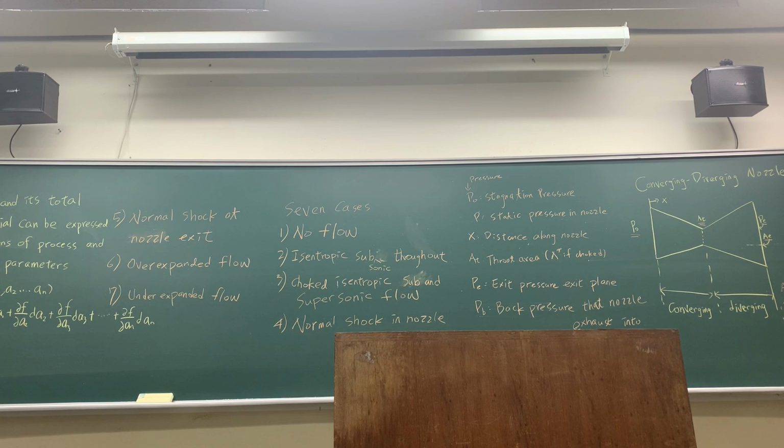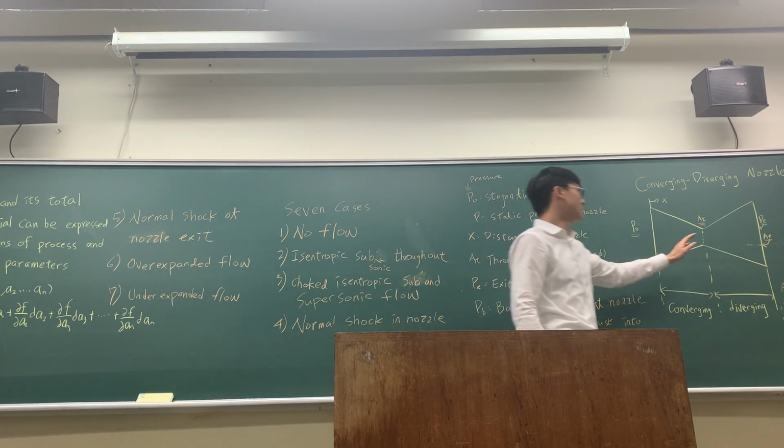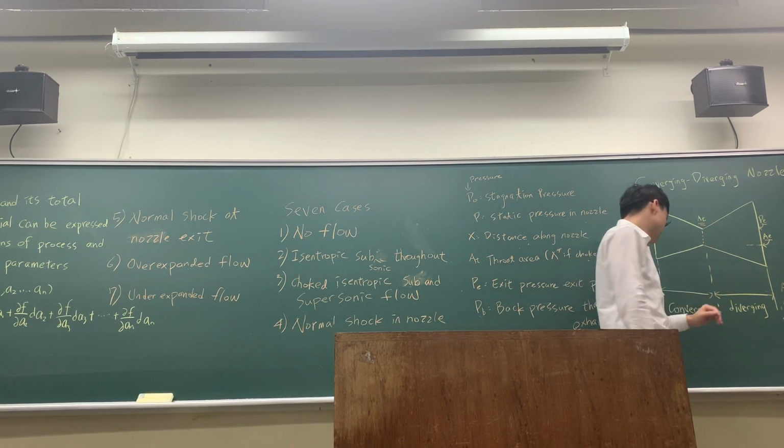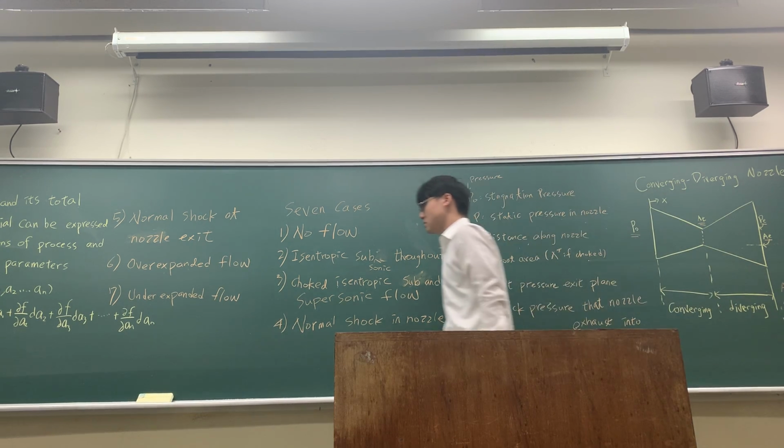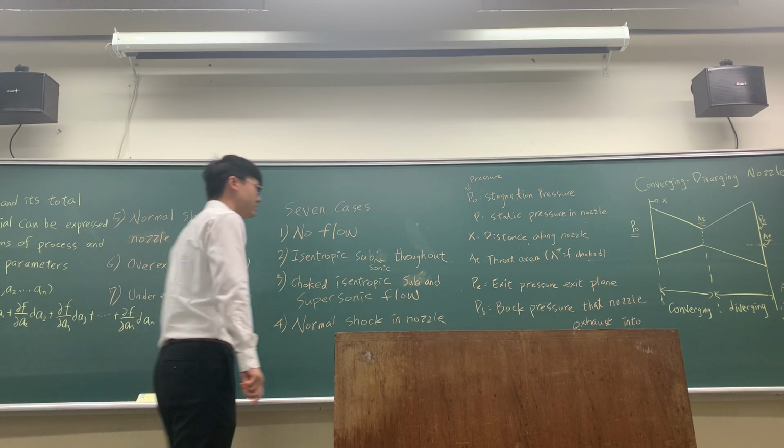When I say choke, meaning that at this point right now at your throat, the flow speed reaches Mach equal to 1. Mach equal to 1 is 331 meters per second.